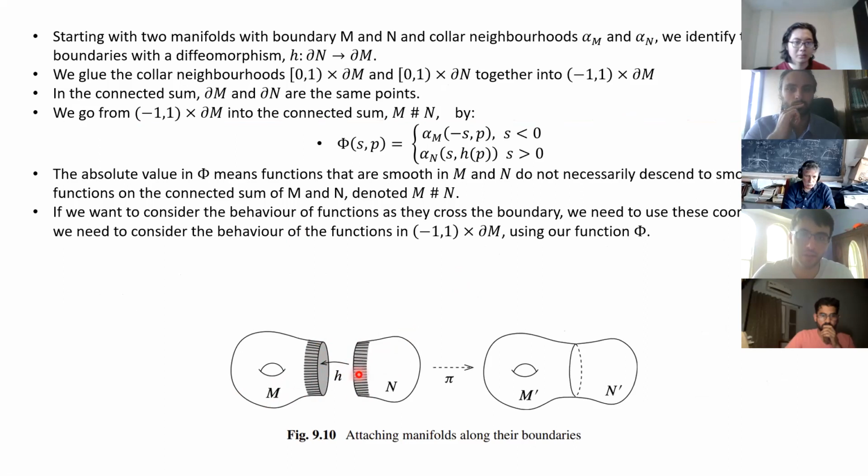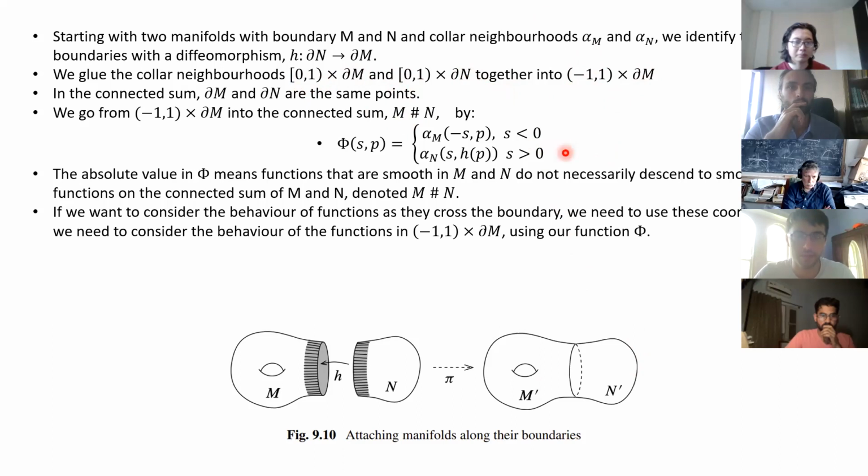You create a new space where these boundaries are the same points, and you do that with a particular diffeomorphism H. If you almost imagine taking these two bits here and slamming them together at the 0, you get this thing, which is -1, 1 across the boundary. The idea is in the new manifold, the boundary of n and the boundary of m are the same points. So they merge into each other, which you can see here.